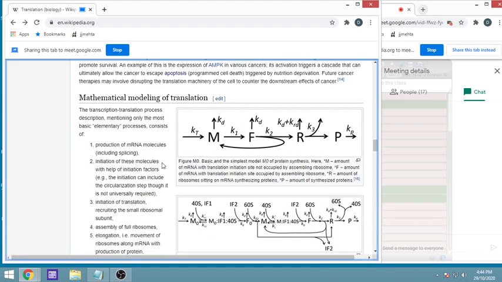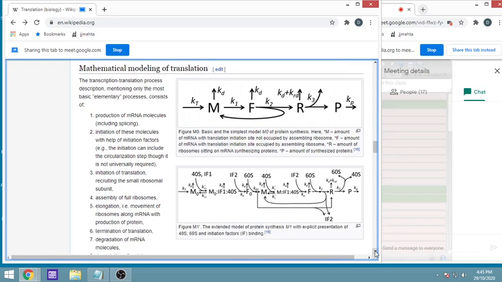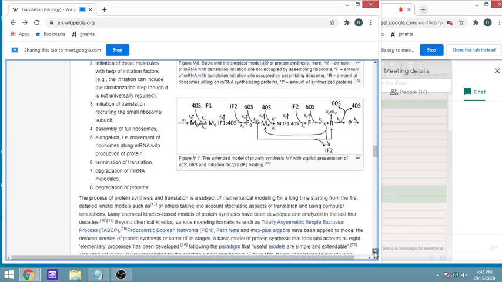Only I would like to add that there are basically eight processes in it, and these mathematical models are predicting the rate of protein synthesis. So what are these? First, you need to have production of mRNA, that is the final mRNA after splicing. Then second is initiation of this molecule with the help of initiation factors. Then initiation of the translation process, that is ribosomal subunits are recruited together.